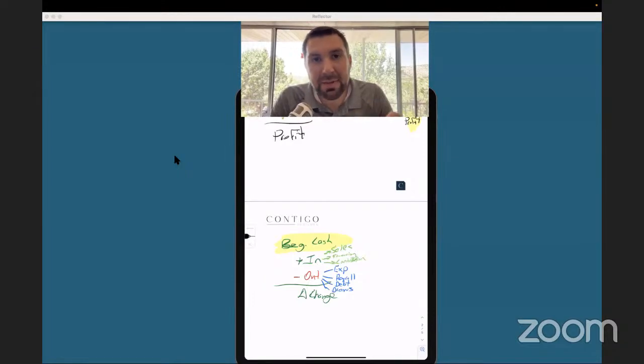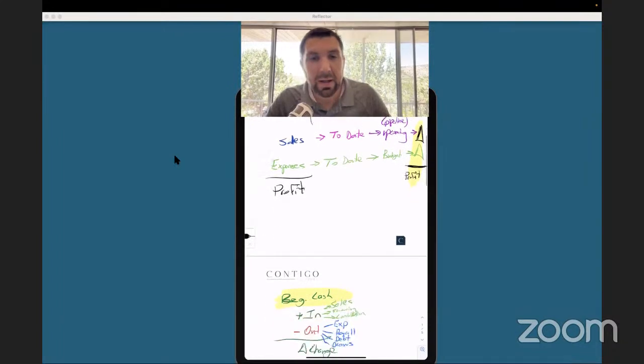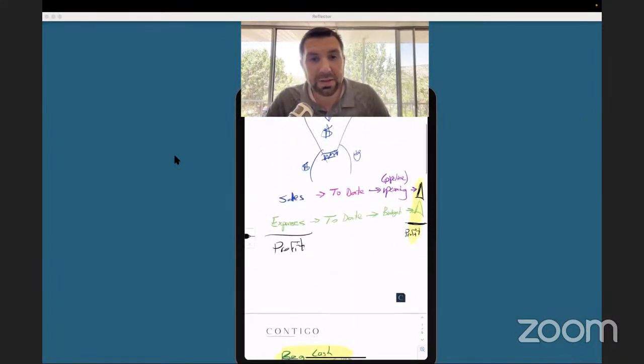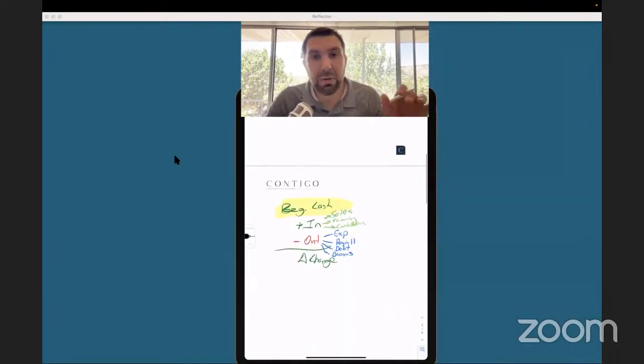Honestly, in terms of basic financial information, if you understand the sales and expenses that have happened to date, where you want to go and how you're tracking relative to that, and you have an understanding of cash, both where you're at now and what's coming over the next month or the next week, depending on what size business you are, then you're good.